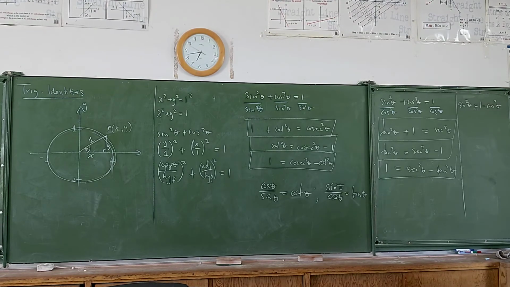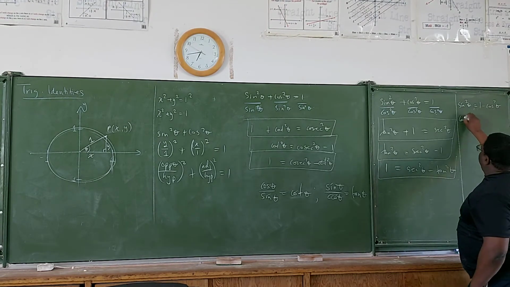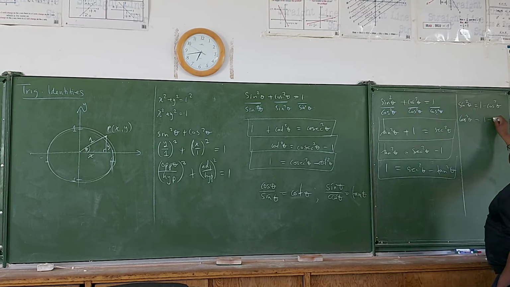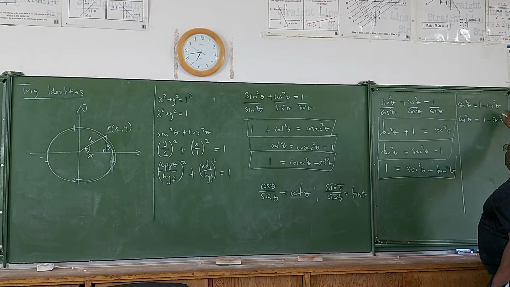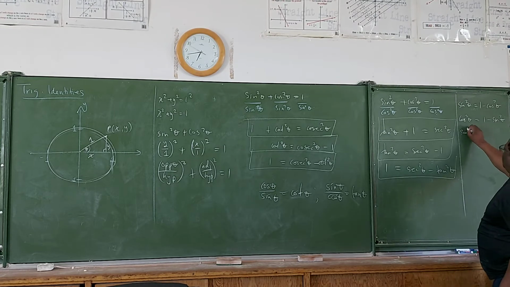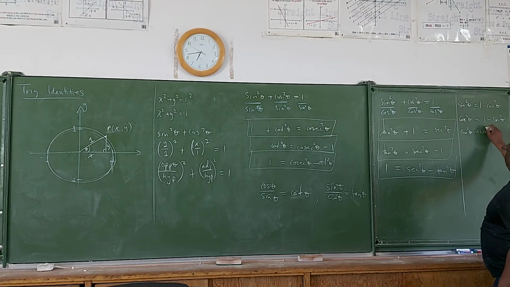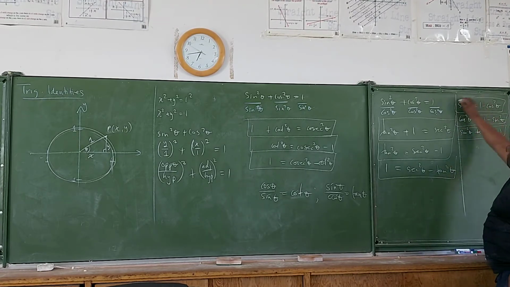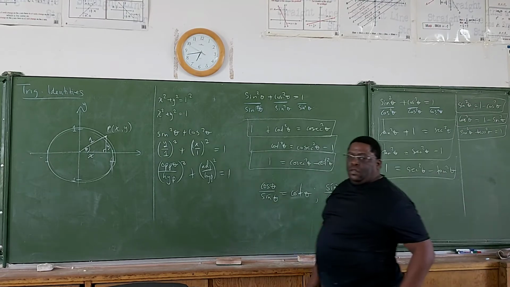Let's make cos squared theta the subject of the formula. Cos squared theta equals 1 minus sin squared theta. Obviously we have the other one, which is sin squared theta plus cos squared theta equals 1. 1, 2, 3. So there's 9 that you need to know.